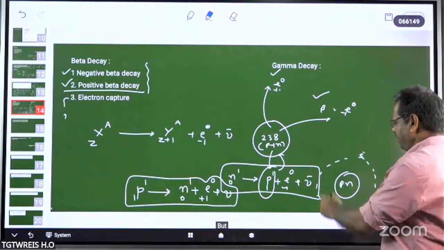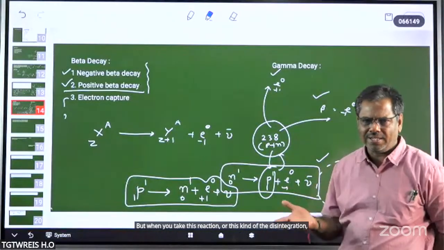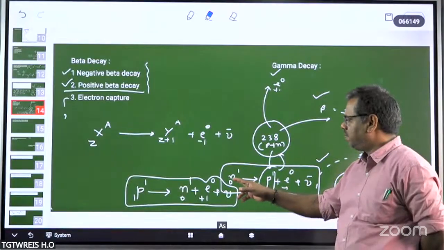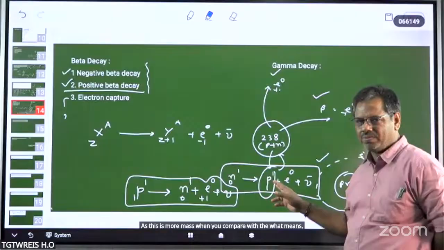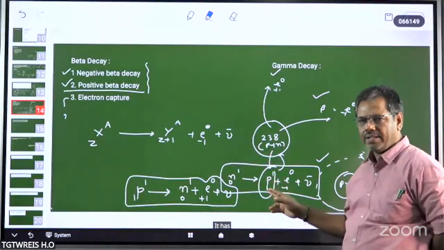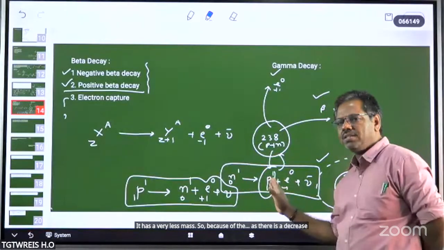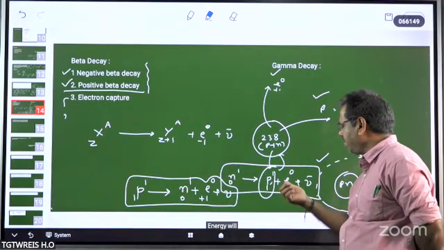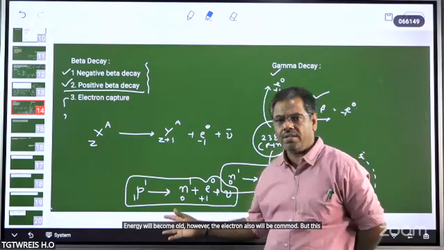But when you take this reaction, one can easily understand that the neutron has more mass when you compare it with the proton mass. Already we have seen that the proton has very little mass. In the earlier case, there is a decrease in mass, so energy comes out. But this is happening reversely.